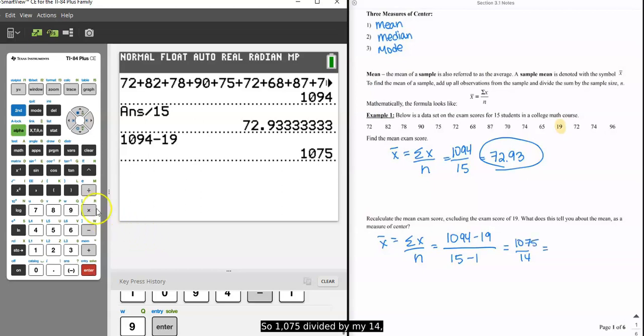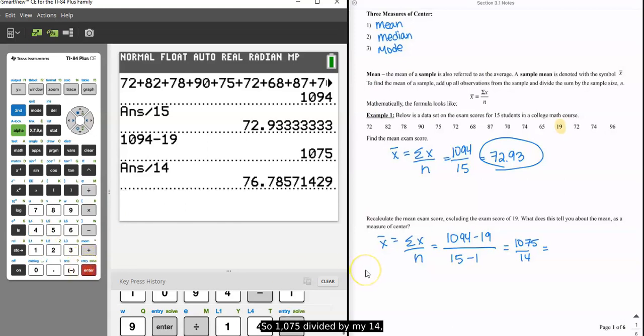So 1075 divided by 14, you'll see that my average now changes to roughly 76.79. So it definitely moved it up.